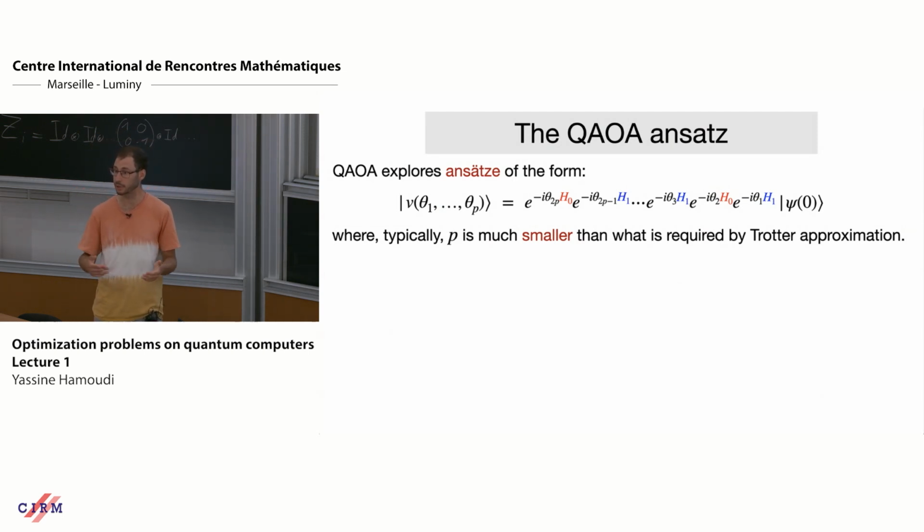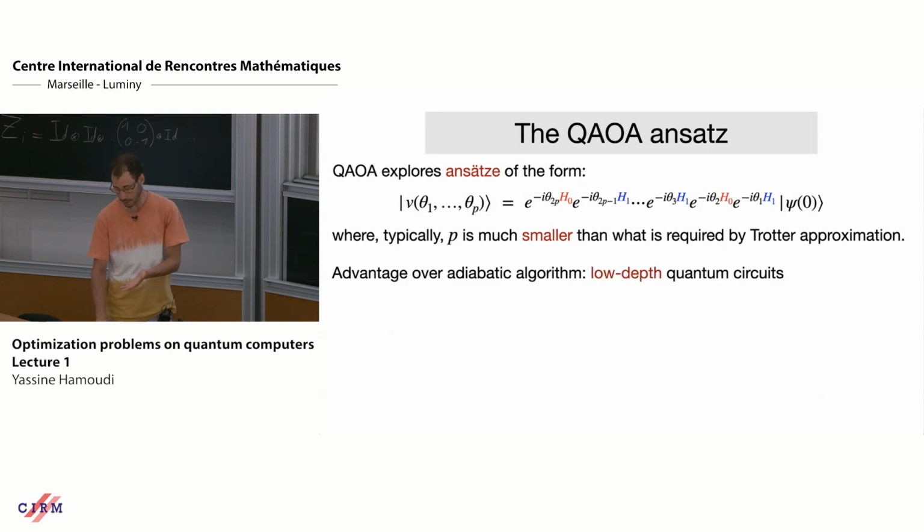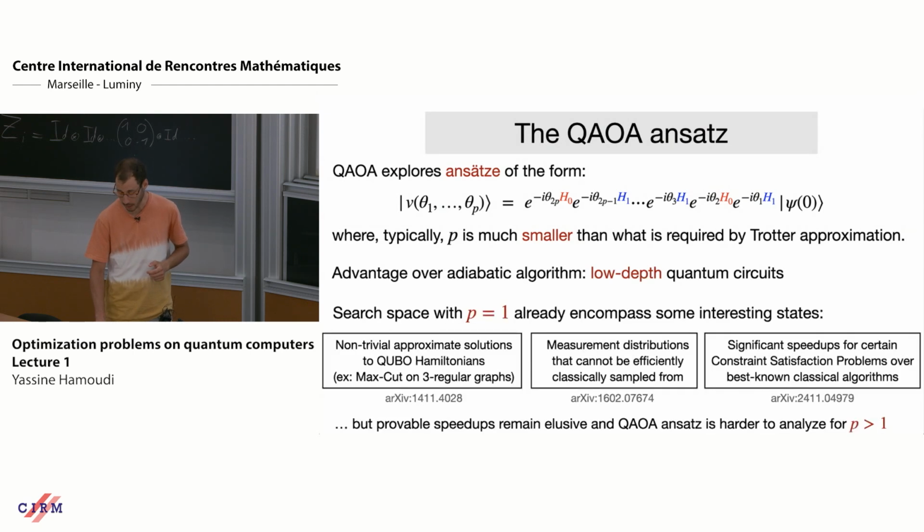of the adiabatic algorithm. Maybe you may think it's nonsense, but actually, the advantage is to have circuits of lower depth. It has been shown that even with p equal 1, so just one alternation between h1 and h0, there is already some non-trivial phenomenon that occurs in terms of what is the returned state.